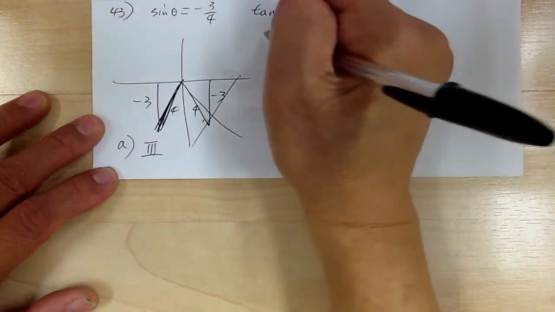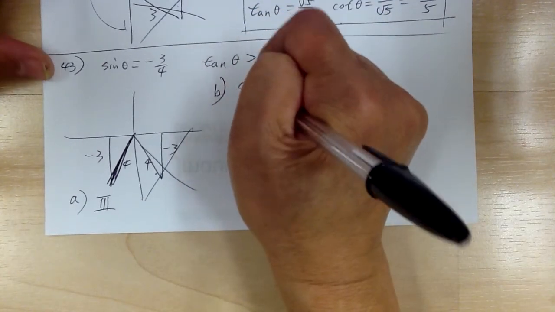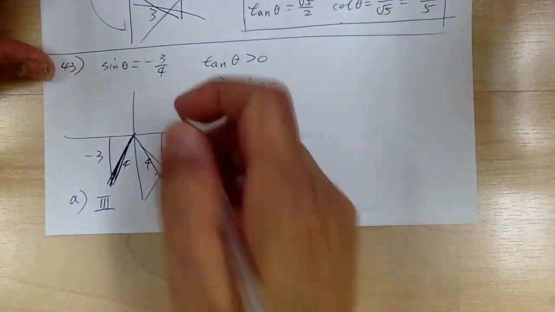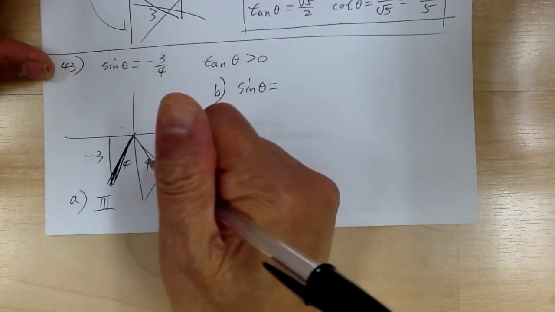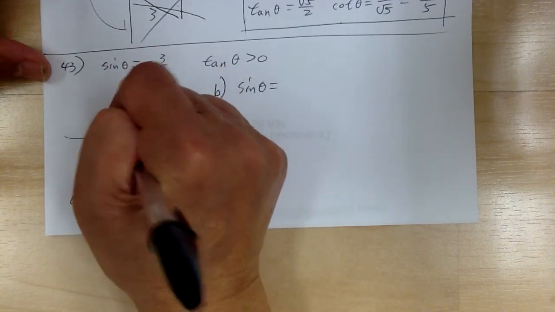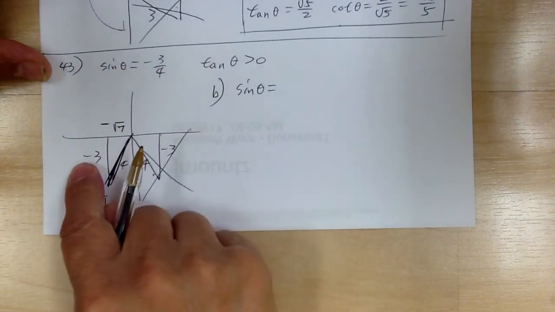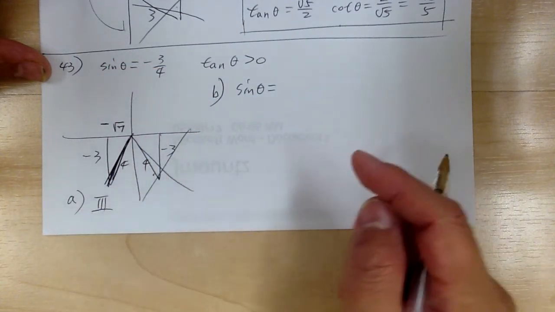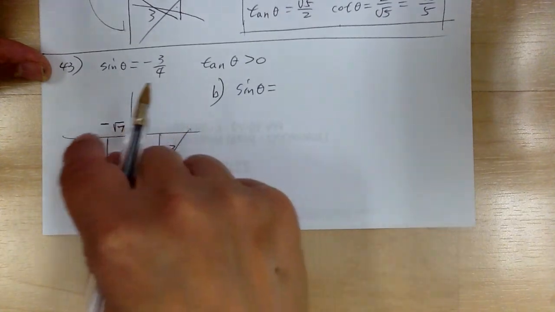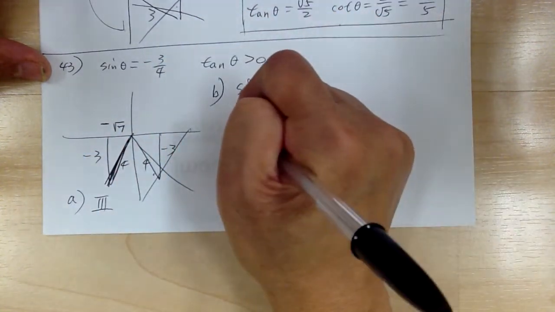Okay? For part B, you're going to get the functions. So for sine theta, we've got to figure out this one here. So use the Pythagorean theorem. This is going to be square root of 7, and in this direction it would be negative. Okay, so a squared plus b squared equal to c squared. So sine theta is this over this, so it would be negative 3 over 4.